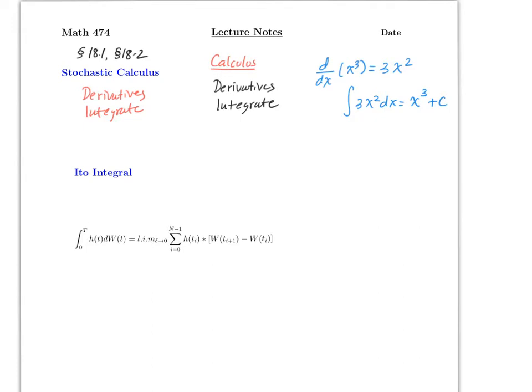Now, before we define the Ito integral, remember that since the main idea of this class is pricing, and you want to know what happens to the stock price, we usually go from 0, which is right now, to capital T, which is sometimes called just Tn. Okay.